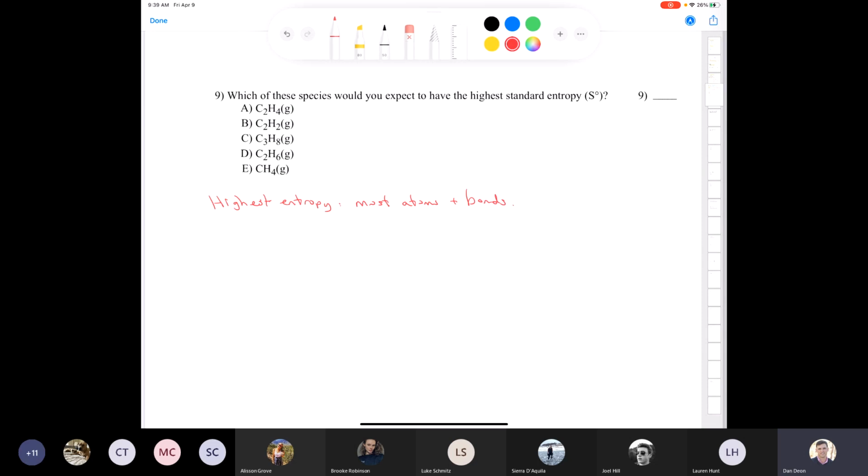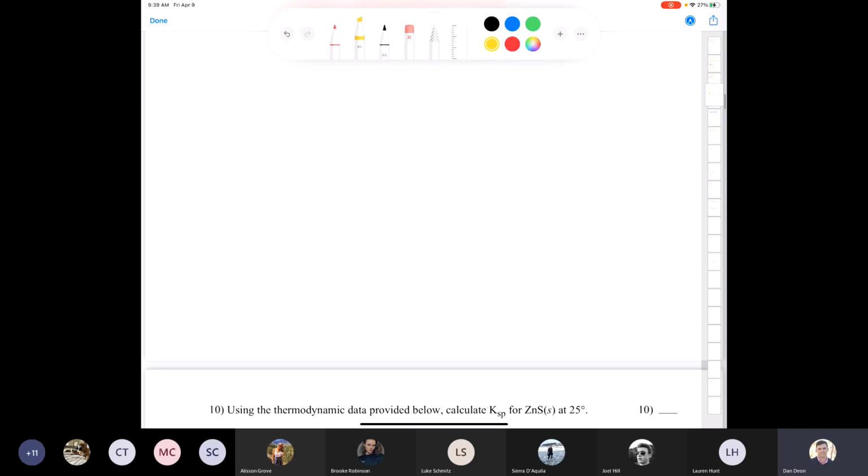It's pretty clear that the one that has the most atoms and bonds in it is going to be the C3H8, which happens to be propane, but it is a gas. Also, you can see that all of them are a gas, so we're going to have to go with atoms and bonds. And so the answer is C. It's the one with the most atoms and bonds. It can vibrate in the most different possible orientations, and so it's got the most disorder.